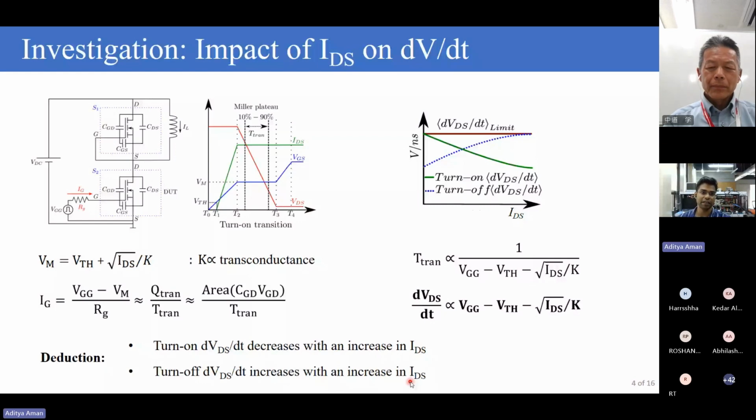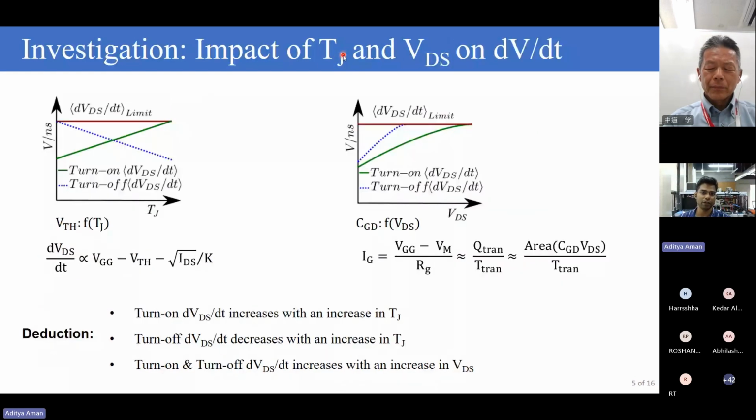Next is investigation of the impact of Tj and VDS on dV by dt. So the governing equation remains the same. Here we have Vth, which varies as the junction temperature changes. The other quantities are fixed, that is IDS and VDS are fixed, right?